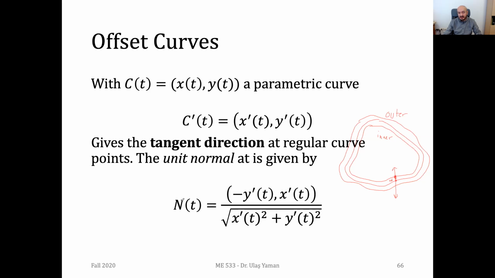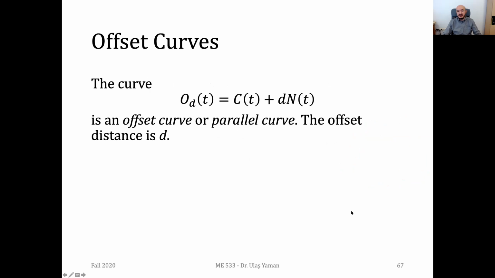Once you obtain the normal curve, things are much easier. But if you have very complicated curves, it will take lots of time. The computational cost is a bit much. So you need to be careful about the definition of these parametric curves.